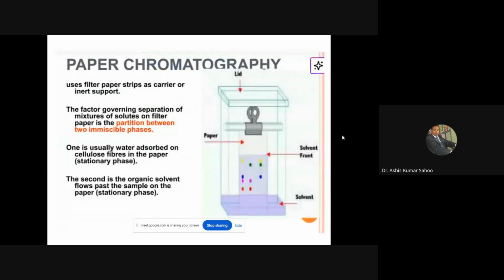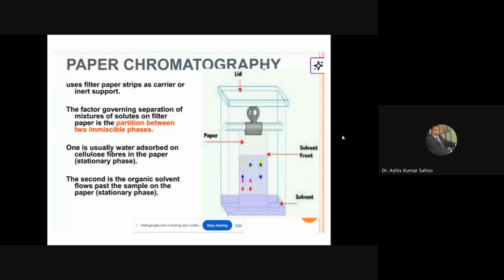Now we'll see the most popular one, paper chromatography. In paper chromatography, one jar is taken. In the jar, different spots are applied on the paper, and a solvent mixture is used. Due to the flow of solvent, the mixture separates into different colors. You use filter paper strips as a carrier or inert support.